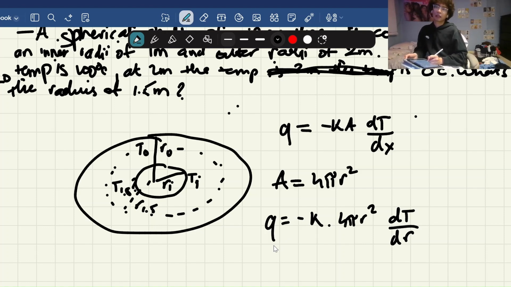We'll find the value for Q, or at least a simpler formula for substitution for Q, and we'll find out later why we need this step. Okay, so let's do it. This is a first order differential equation, and we're gonna solve for T using separation of variables.